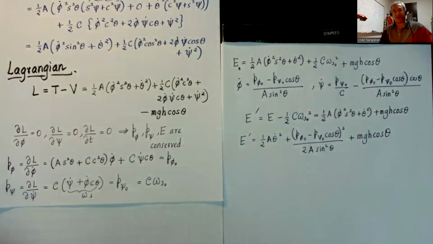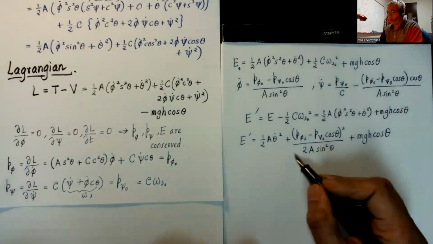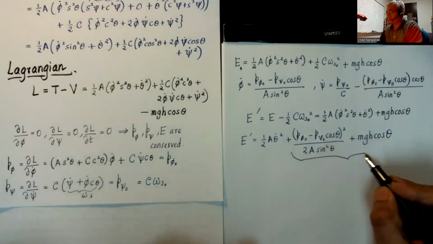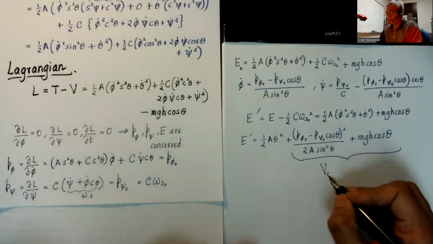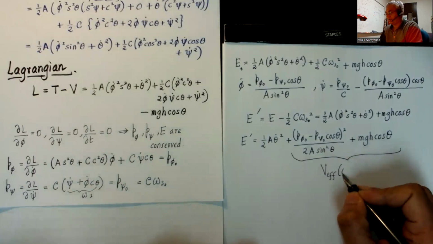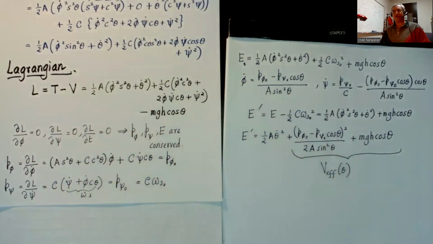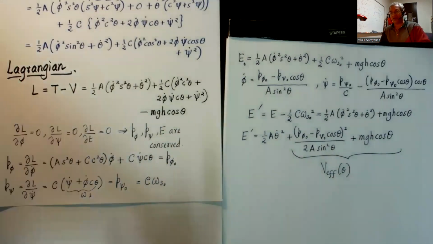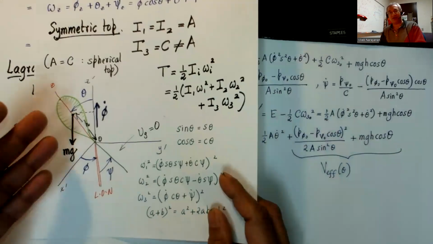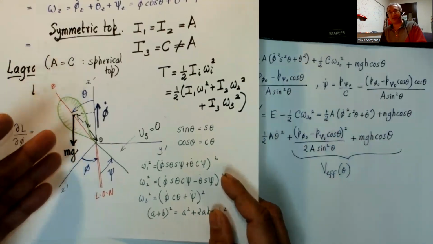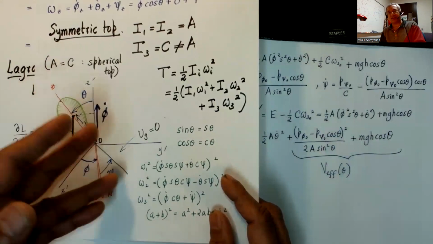This object is one big potential energy. It is called the effective potential energy. And in the theory of tops, it's extremely important. Now, we started off thinking that there was only one potential energy, and that is mgh cosine theta.